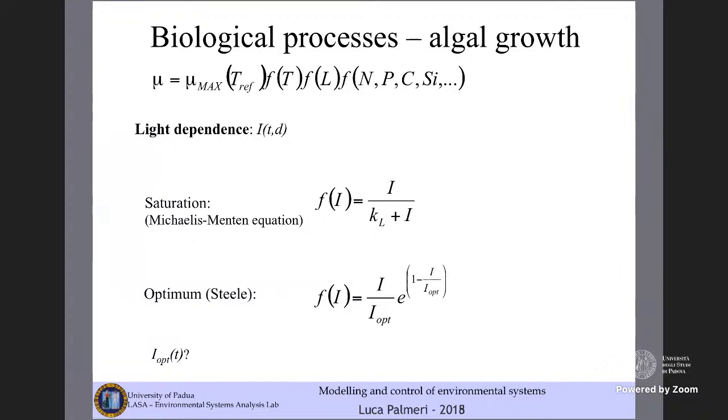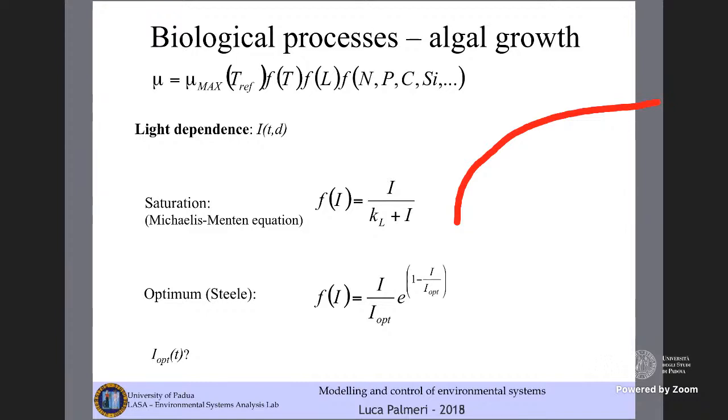You may build a saturation-like limiting function in this first case by saying that the function F_L is equal to I divided by K_L plus I. In this case, we have a saturation-like shape.